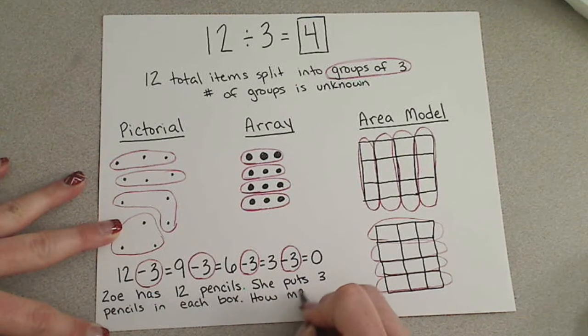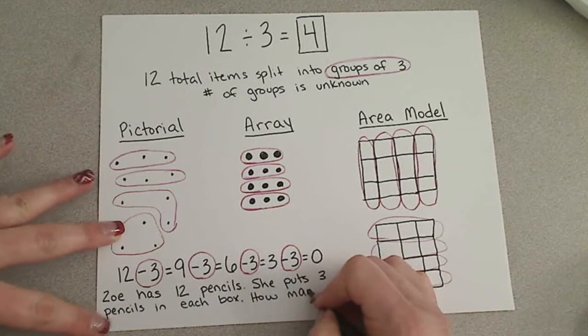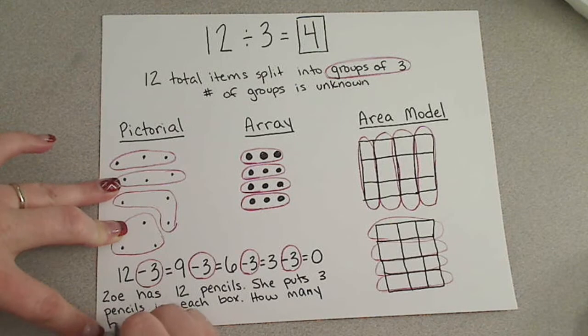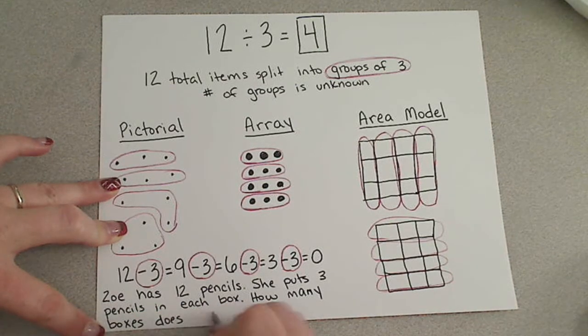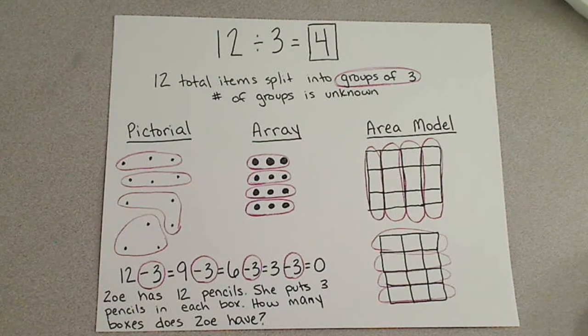How many boxes does Zoe have? Something as simple as that. It doesn't have to be complicated. It doesn't need to be convoluted. At this point, they just need to know the basic understanding and how to break that down.